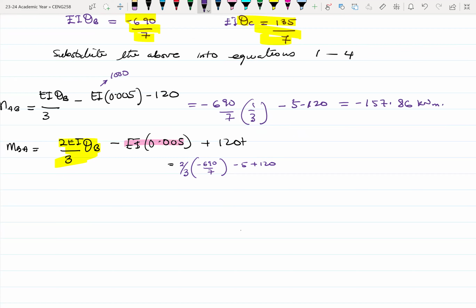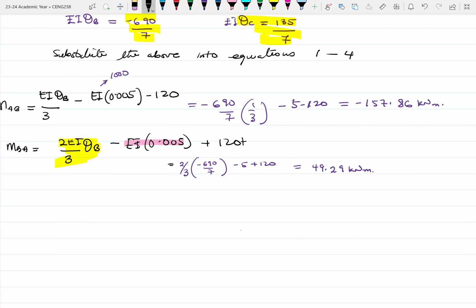Instead of 125, it becomes 115. And then we get 49.29 kilonewton meter. The MBC should be the same but opposite to MBA.